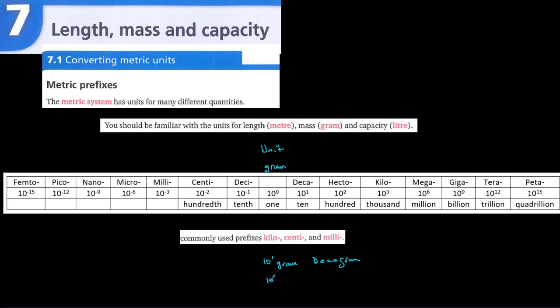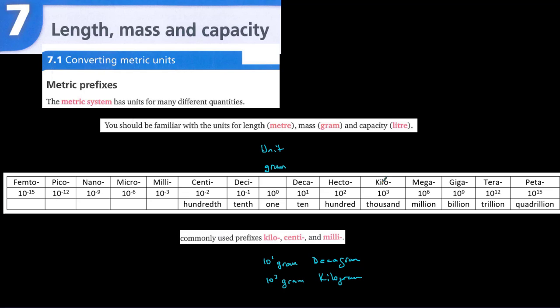And 10 to the power of 3 gram is going to be equal to kilogram. So our unit is gram, and if it is 10 to the power of 3 gram, it's going to be kilogram.